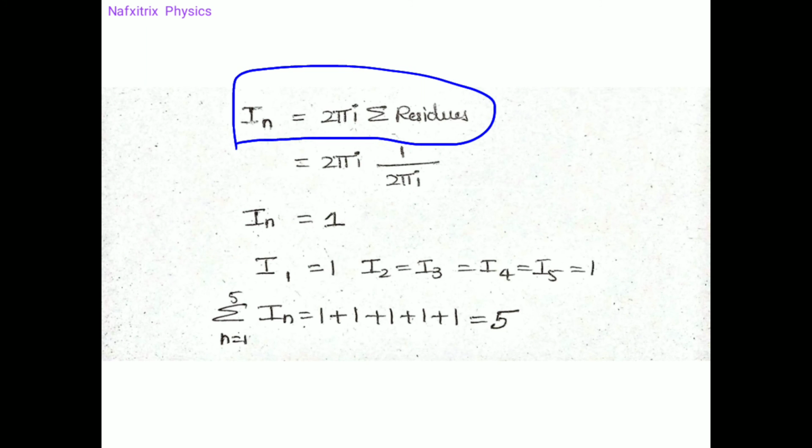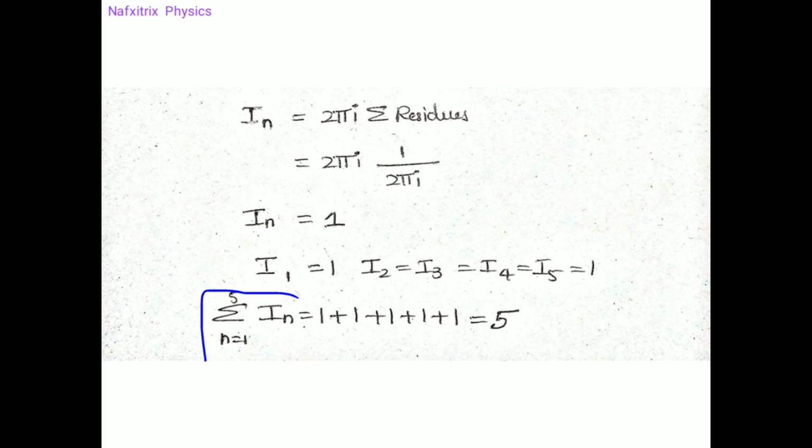So we have 2 pi i, and this is the only residue we are getting. So 2 pi i would cancel, and so In is 1. This is very important. They have asked for the summation of In, but not only In. That is the point we need to catch. Here In is not depending on n in any manner.